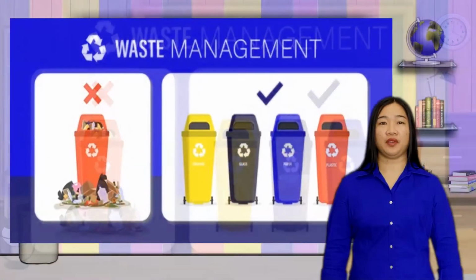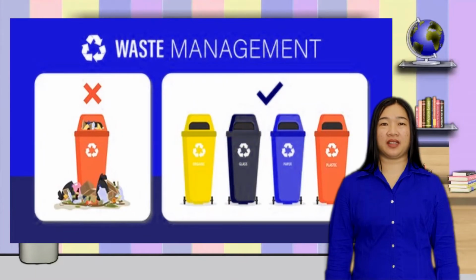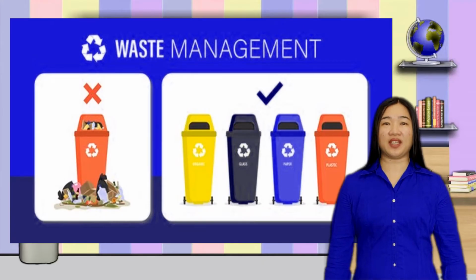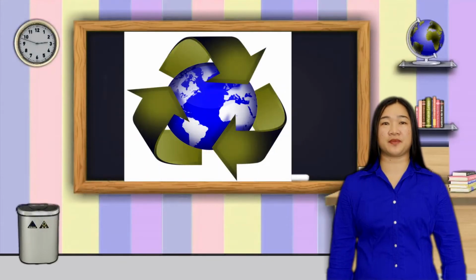Excellent! Waste management is planning, controlling, and assessing the extent by which all types of waste can be regulated in order to minimize them. Proper waste disposal prevents the harmful effect of waste on us and in the environment.